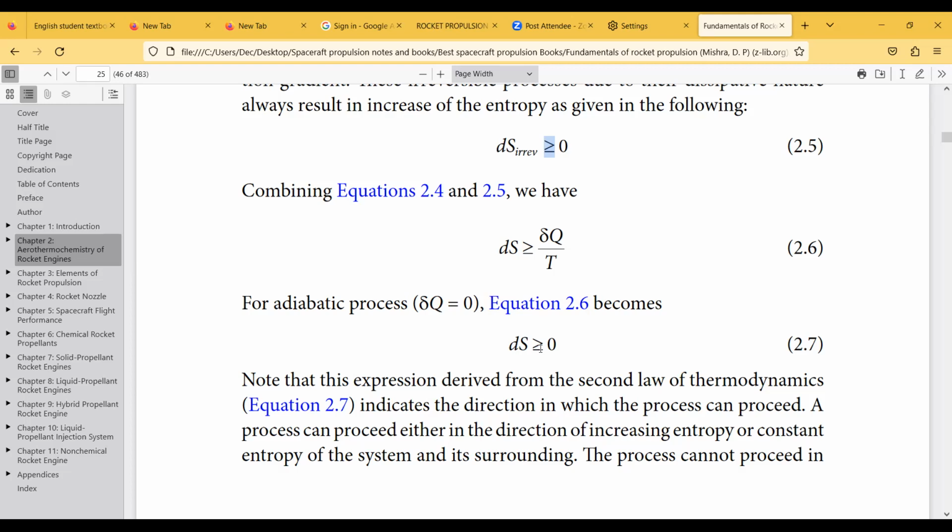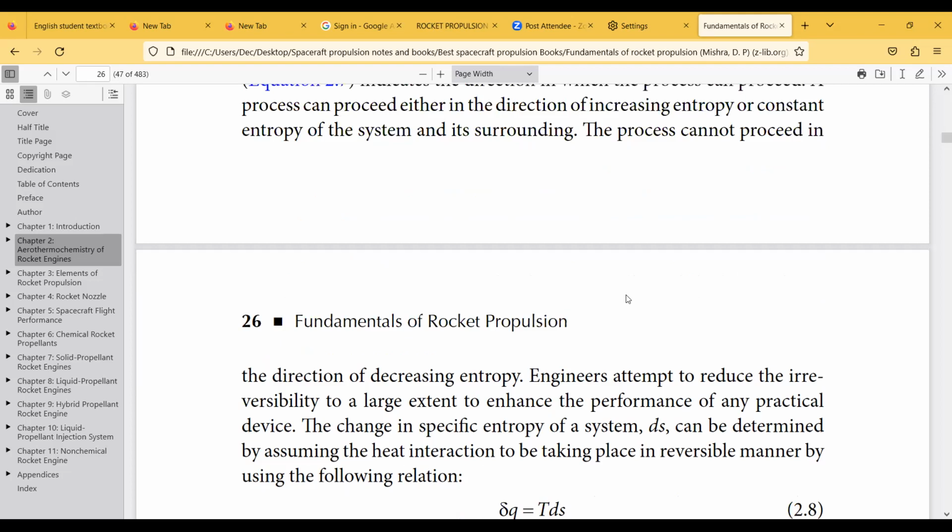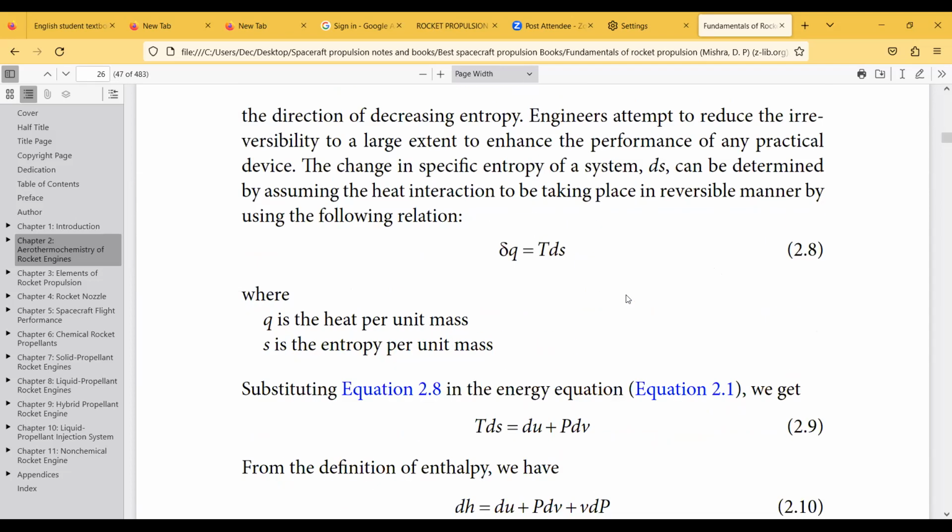So for such a process, dS is greater than or equal to 0. This is the meaning of this. The heat per unit mass dq is expressed in terms of T times ds, where ds is the change in entropy per unit mass. These small quantities are all per unit mass. The capital representation indicates totals, for example Q is heat and S is entropy.